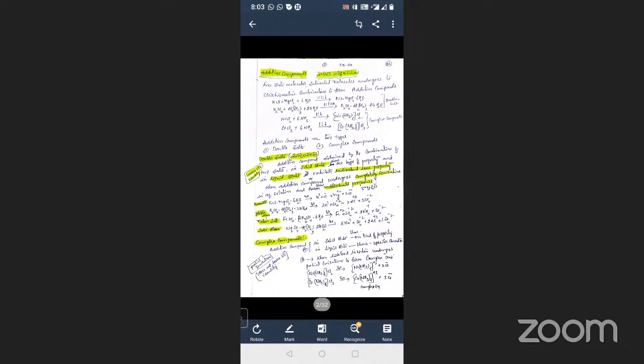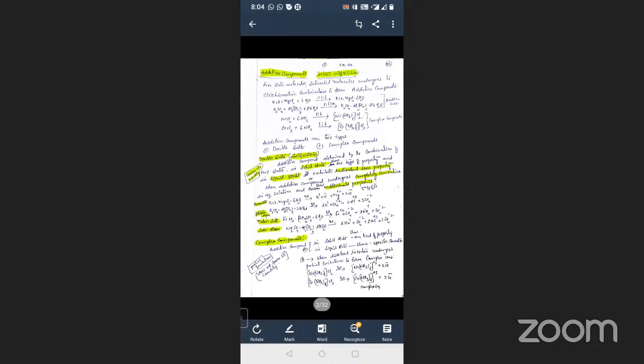I will explain what individual means here. Take carnallite, KCl·MgCl2·6H2O. It is known as carnallite, which is obtained from KCl plus MgCl2 plus 6H2O. This addition compound in solid state can exhibit one type of property. When it is dissolved in water, we can observe K+, Cl-, Mg2+, 2Cl-. So the total carnallite undergoes ionization to form individual ions.